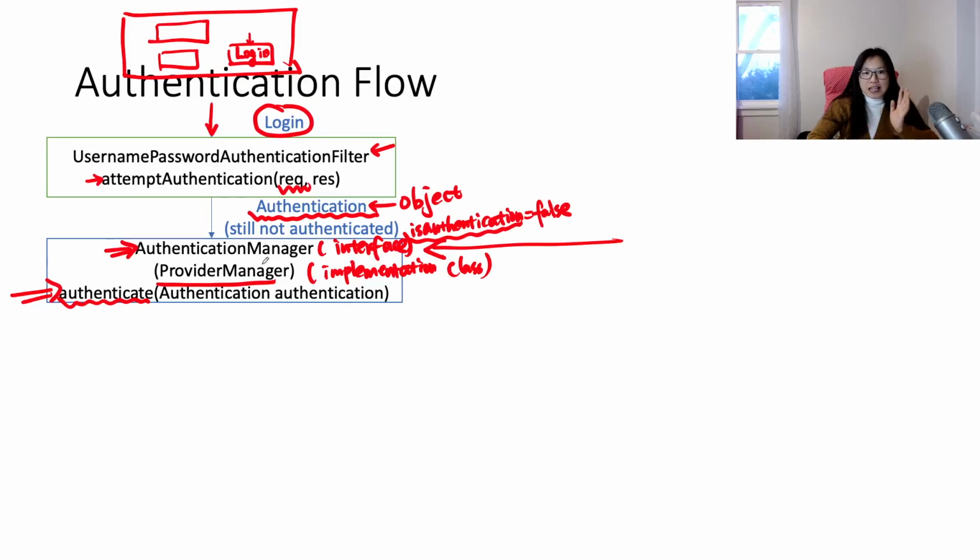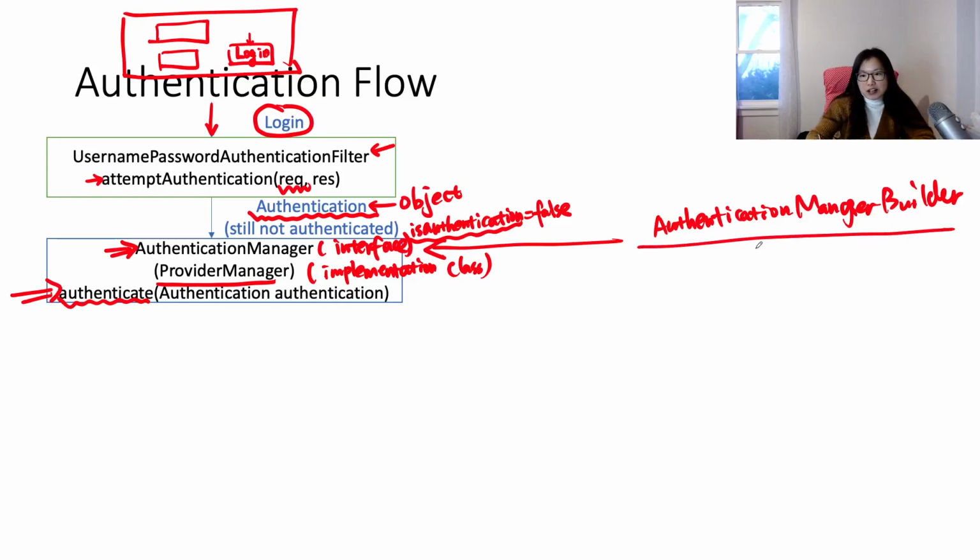But if we configure that method, the AuthenticationManagerBuilder will, based on the configuration you provide, whether you are using in memory, or JDBC, or DAO, provide you the correct AuthenticationManager in order to do the authentication. You got it? That is that configuration. In the configuration file, you configure, then the builder will generate an AuthenticationManager for you based on your configuration.